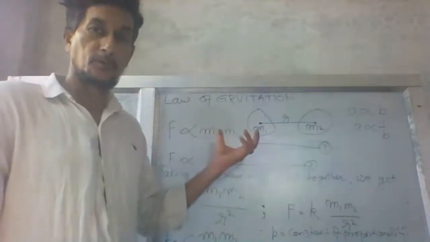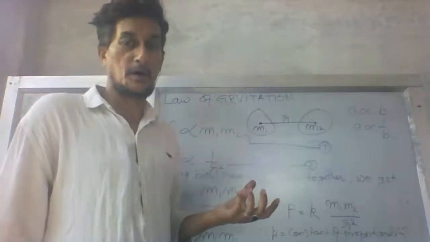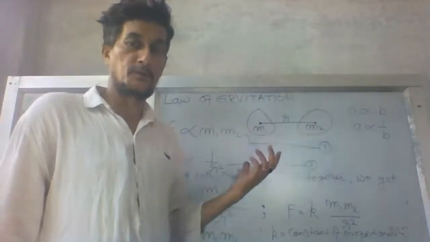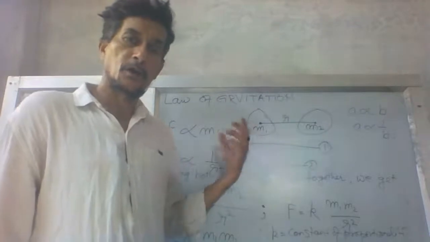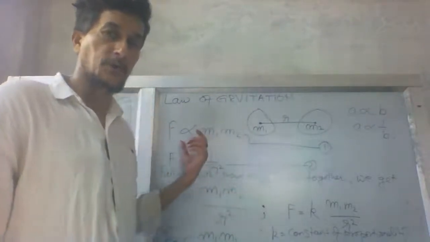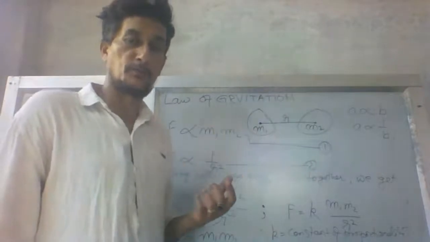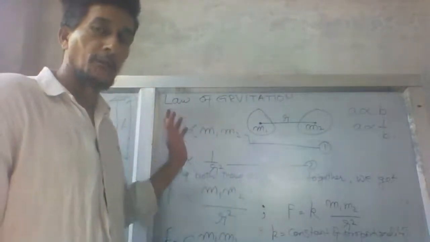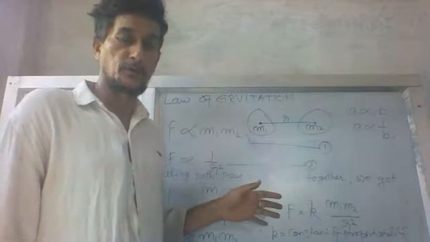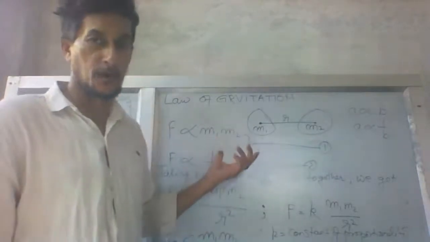So the force there is either a force of attraction or a force of repulsion. F is directly proportional to the product of the masses m1 and m2 of both the objects, and F is inversely proportional to the square of the distance between these two objects.